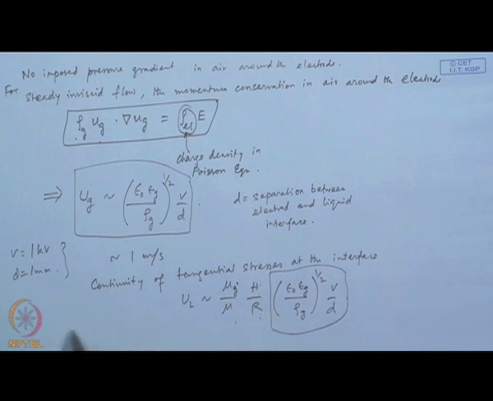the depth of the liquid chamber. We are talking about a liquid chamber, right. So, H is the depth of that liquid chamber and R is the radius of the chamber. So, H by R is basically the feature size ratio, a geometric parameter, and mu g by mu is the viscosity ratio.